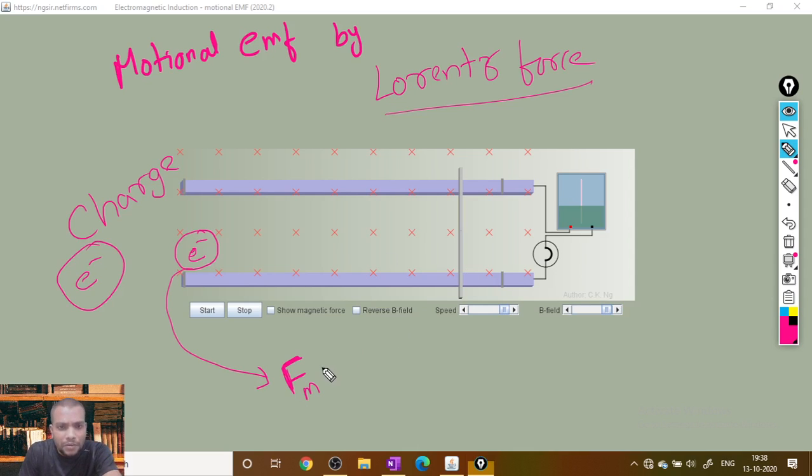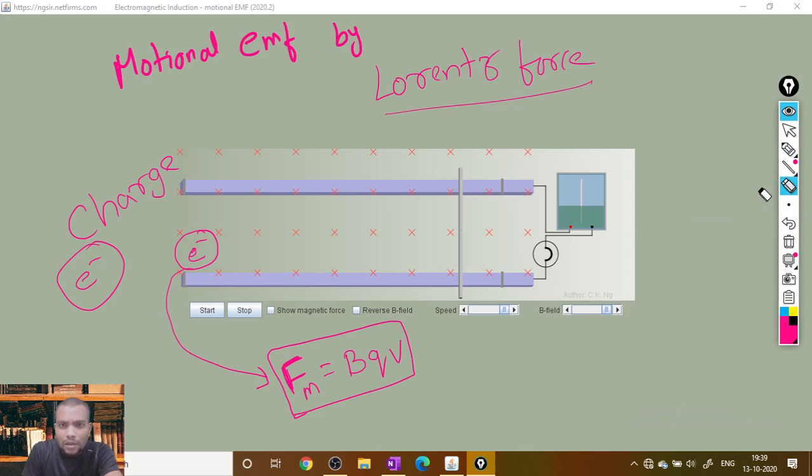In the previous chapter we already derived this expression: Lorentz force F equal to BQV. Here Q is the amount of charge, B is the strength of the magnetic field, and V is the velocity. This is the force experienced by a charged particle in a magnetic field, known as Lorentz force.